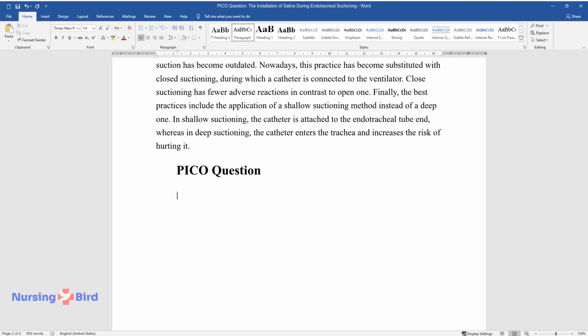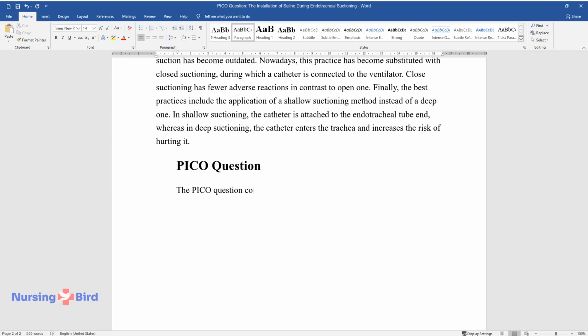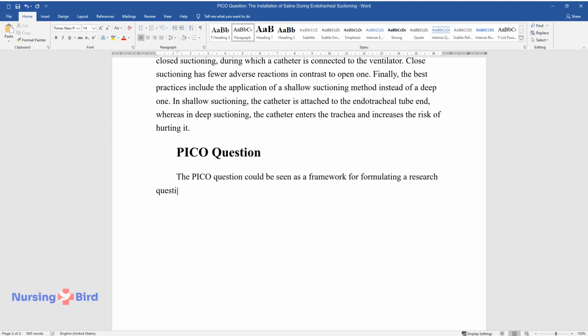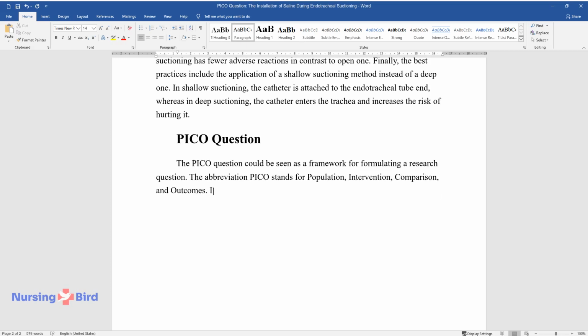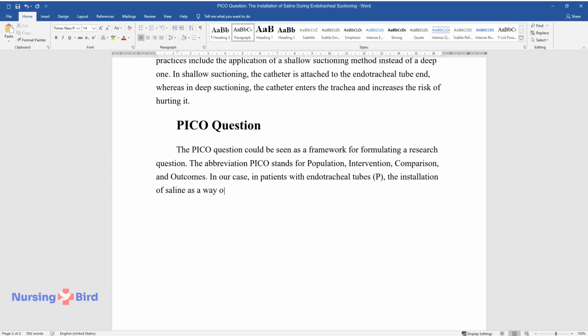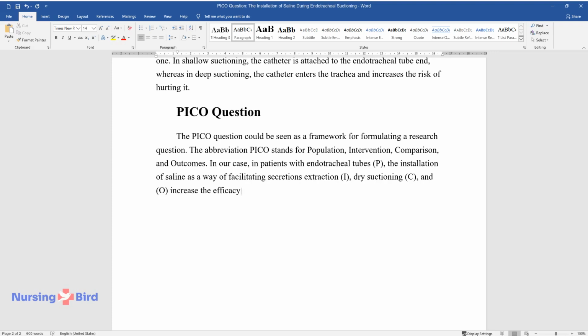PICO question. The PICO question could be seen as a framework for formulating a research question. The abbreviation PICO stands for Population, Intervention, Comparison, and Outcomes. In our case, P: patients with endotracheal tubes; I: the instillation of saline as a way of facilitating secretions extraction; C: dry suctioning; and O: increased efficacy of secretions extraction.